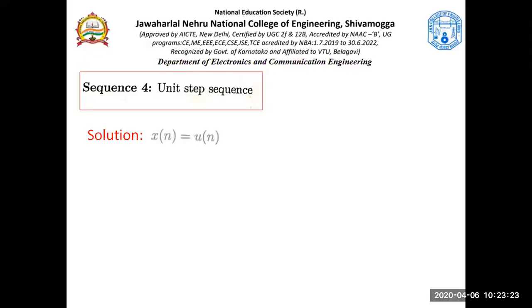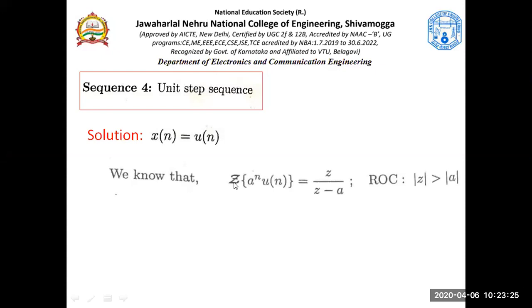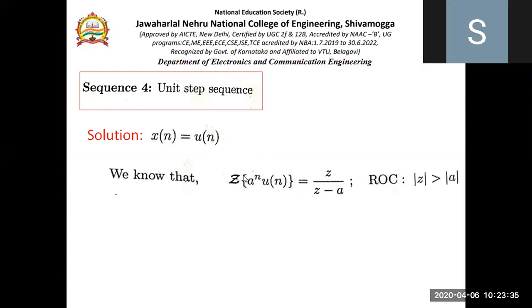So when can a power n u of n be u of n? A power n u of n can be u of n when this a is equal to 1. Everybody understand that?